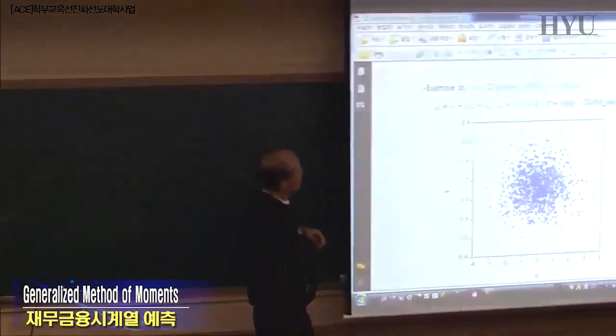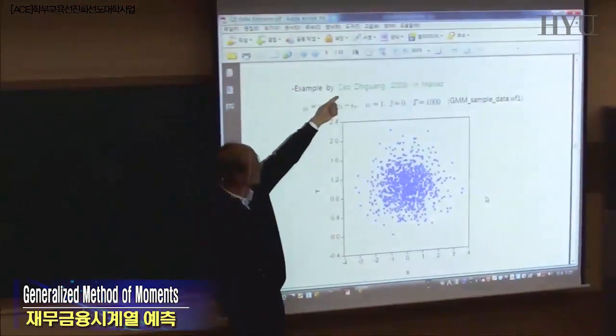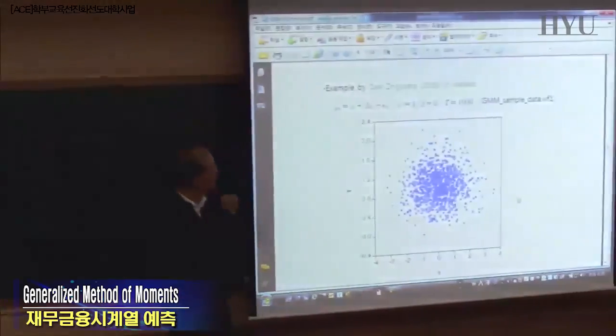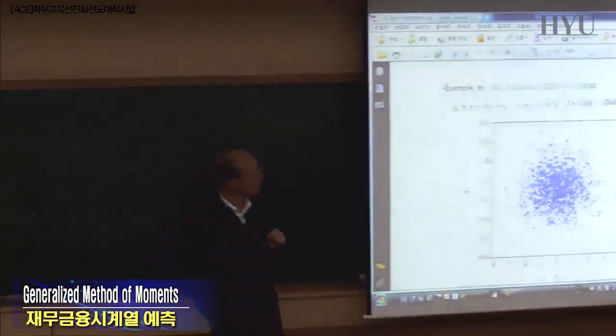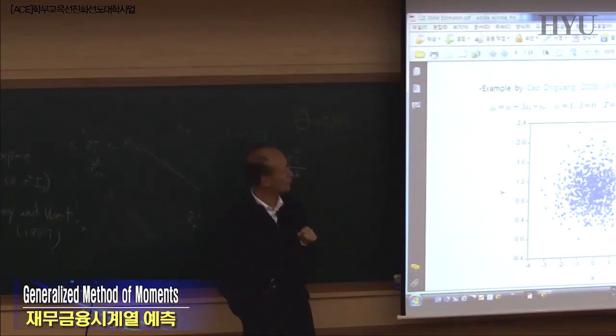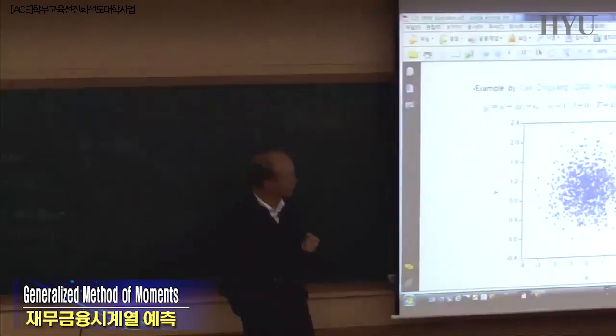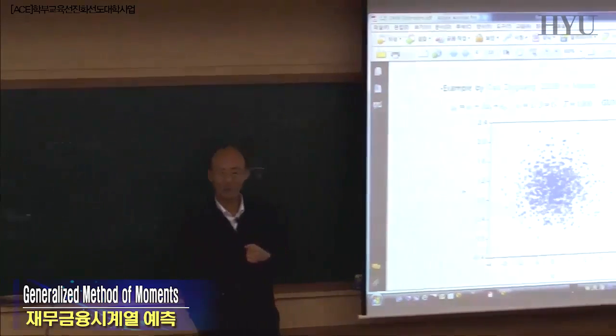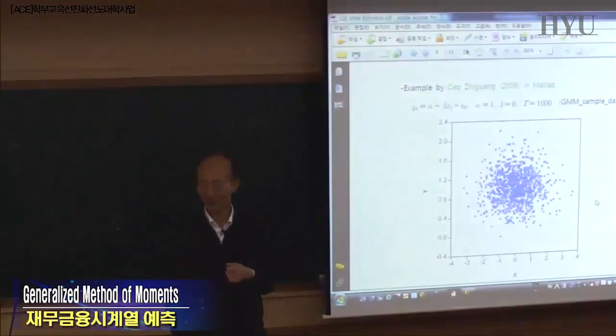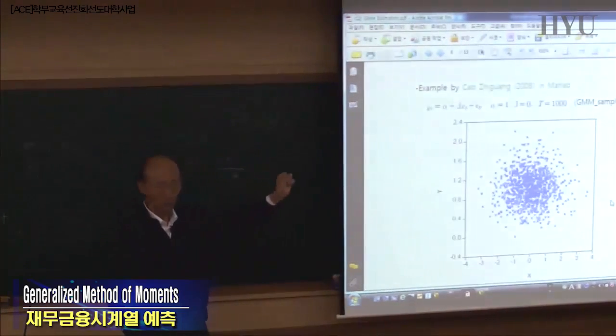When I did the Google search, this name came up, and he showed how to implement this GMM using MATLAB. MATLAB is not my favorite programming language. Mine is Gauss, but MATLAB is much more powerful and has more users.